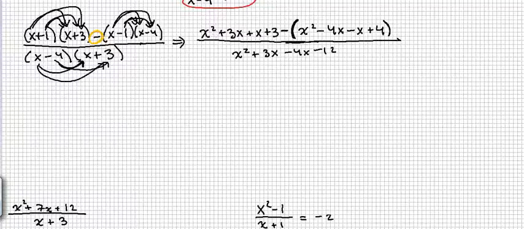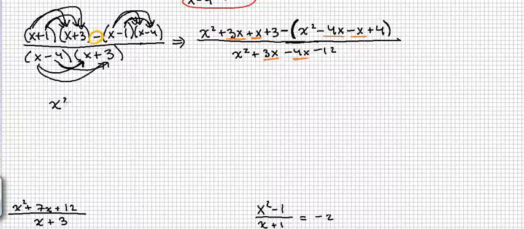Let's simplify this a little bit. Okay, so this is an index of 1 and 2. This is an index of 1. This is an index of 1 as well. These two can go, and then this one and this one will go. So let's simplify that up.